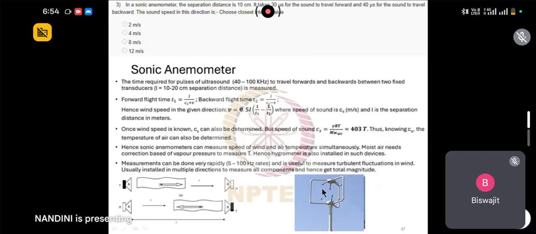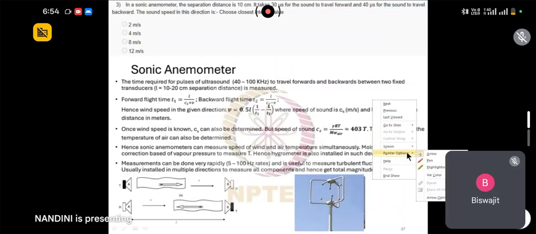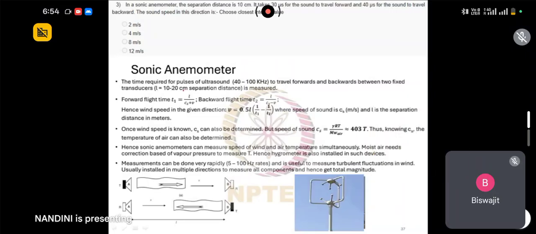So this is the figure of a sonic anemometer. As you can see here, it has two transducers, one at top and one at bottom. This is used to calculate the wind speed.